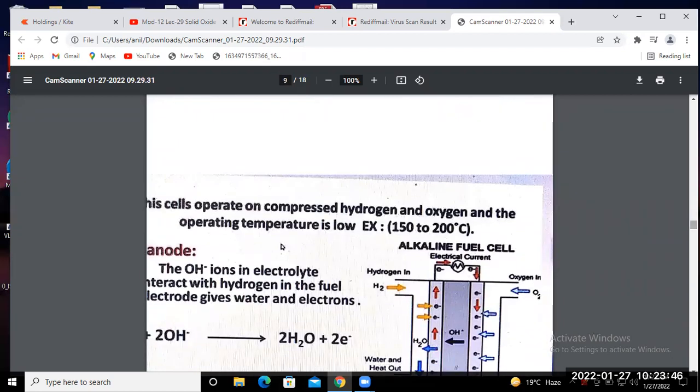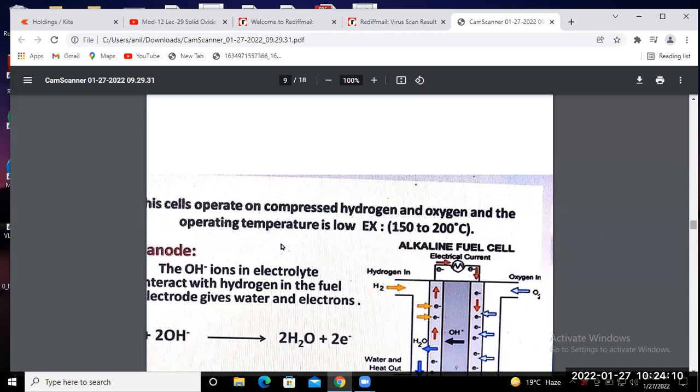This will operate on compressed hydrogen and oxygen, and the operating temperature is low. For example, in the low temperature category of 100 to 500, we may consider 150 to 200 degrees Celsius.